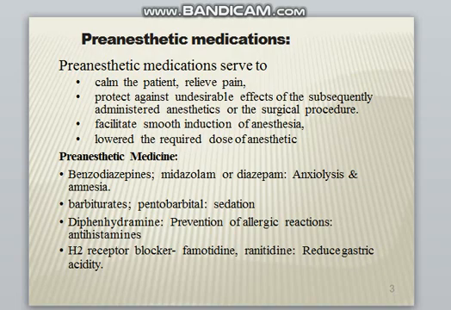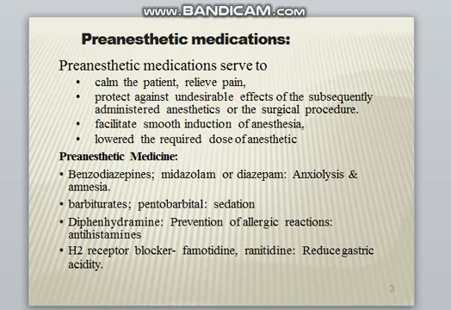Like benzodiazepines, we give a benzodiazepine, midazolam or diazepam, as anxiolytics or for amnesia. We can give barbiturates, an example is phenobarbital for sedation. We can give antihistamines, diphenhydramine for the prevention of allergic reactions.